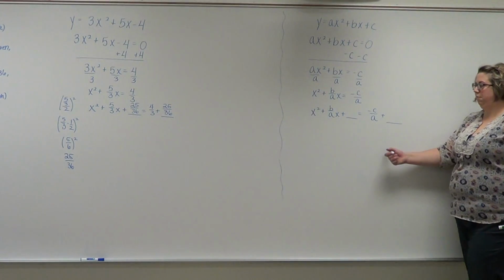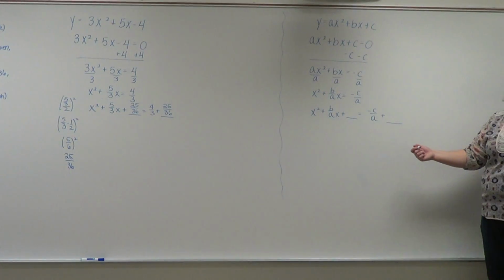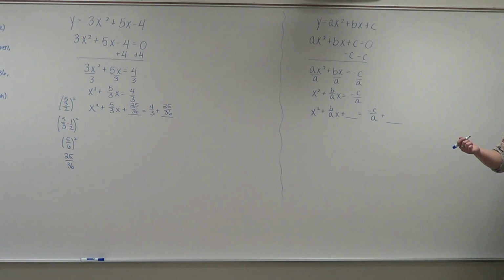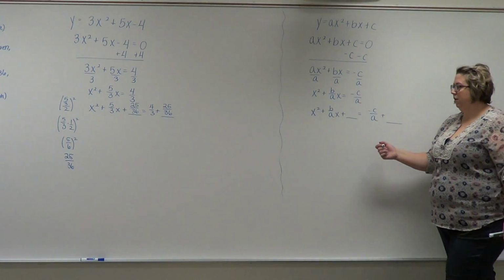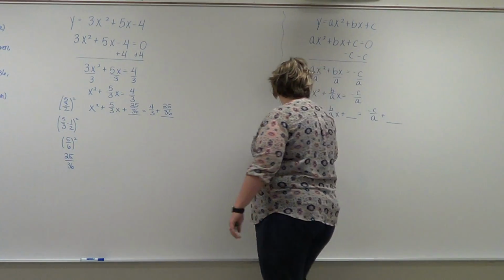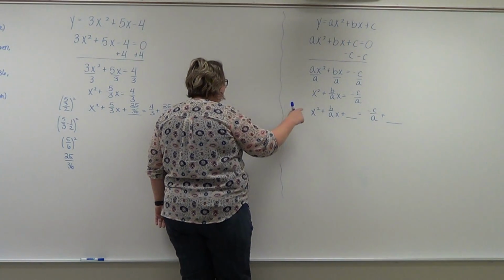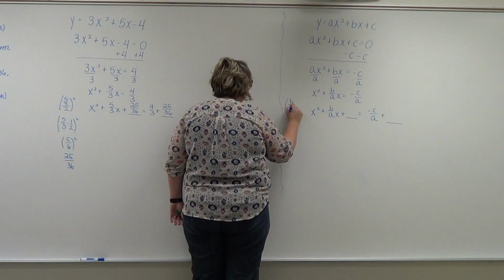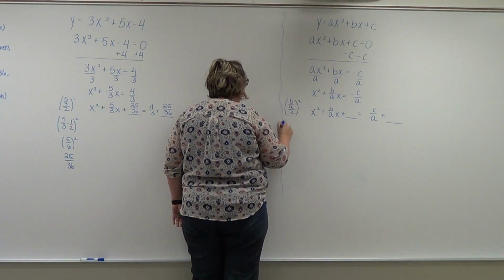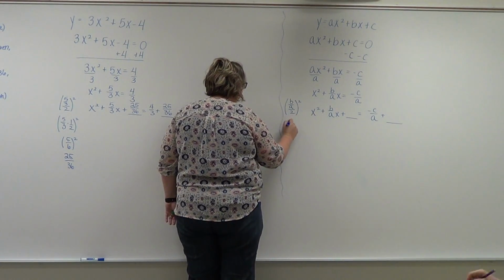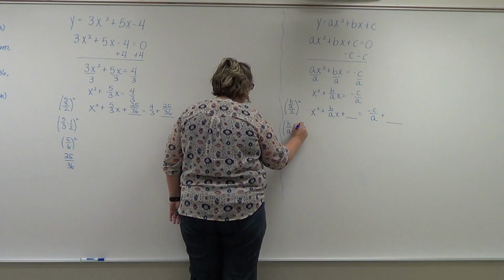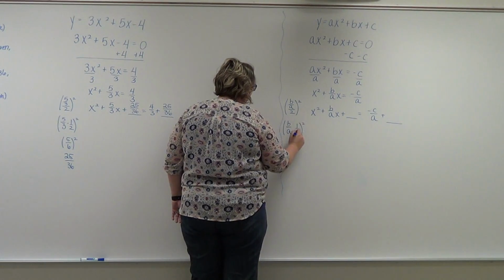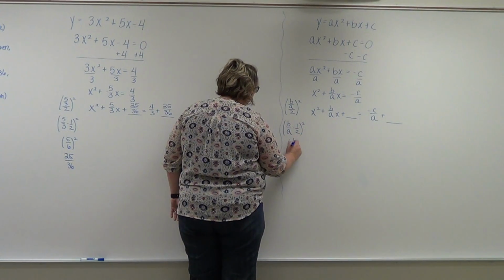Okay, now we're going to do the same thing over here, just that it has variables. It's the same process. So if I did b over a divided by 2, well, that's the same thing as multiplying by a half. So b over a times a half is b over 2a.